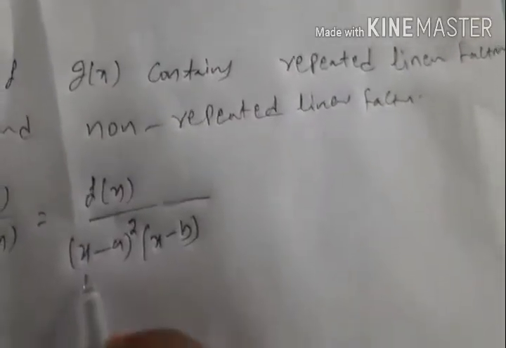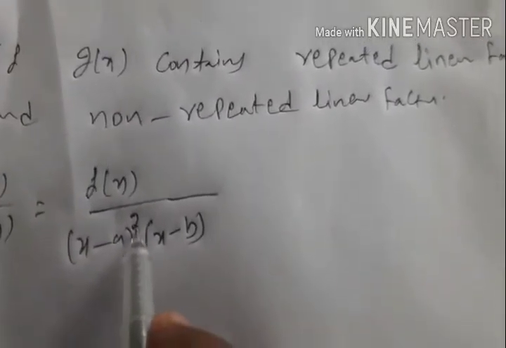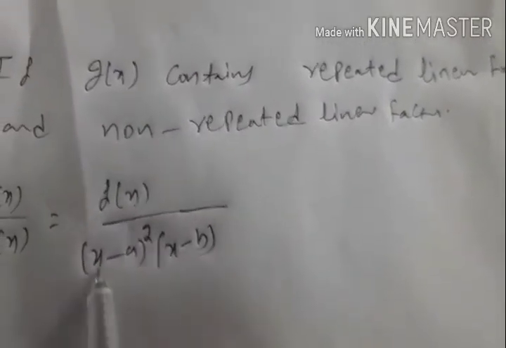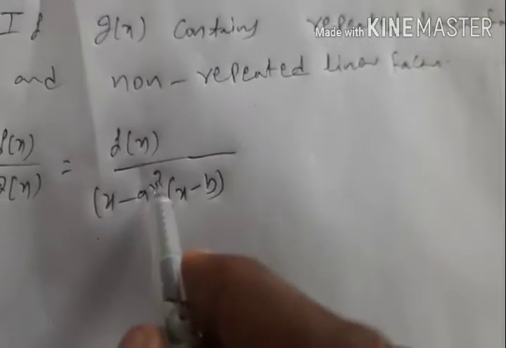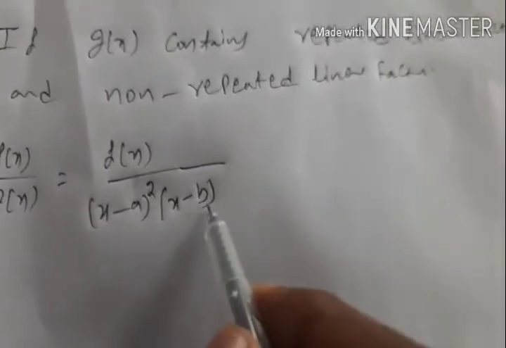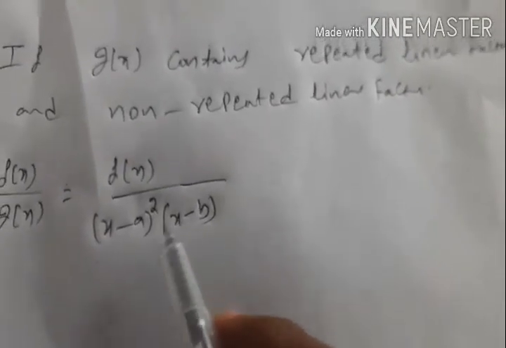Here observe the denominator, it is a proper fraction. Here x minus a is a repeated linear factor, and x minus b is a non-repeated linear factor.